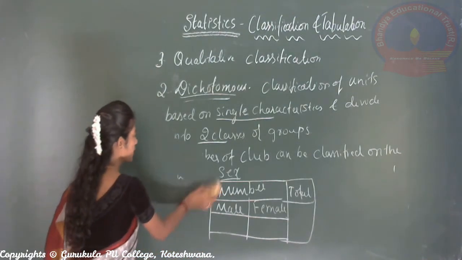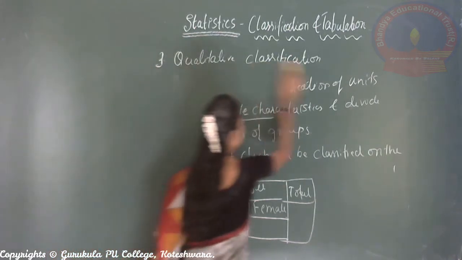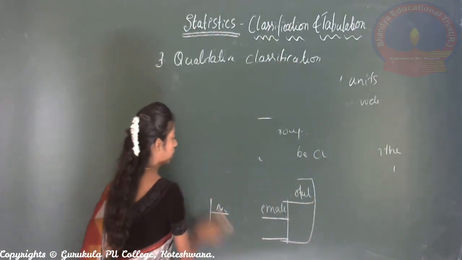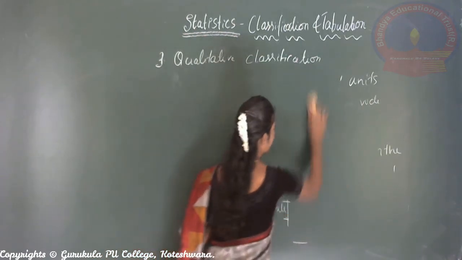So the third one under qualitative itself is the contingency table or manifold classification.